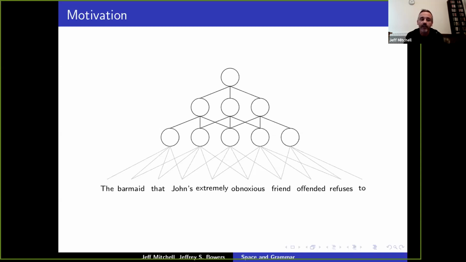Lakretz et al. looked at how these syntactic dependencies between nouns and verbs were represented within a neural language model. And what they found was that short range dependencies, such as between friend and offended, were represented in a separate unit from the long range dependencies, say between barmaid and refuses.